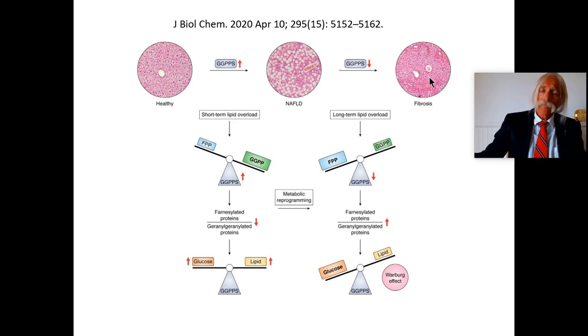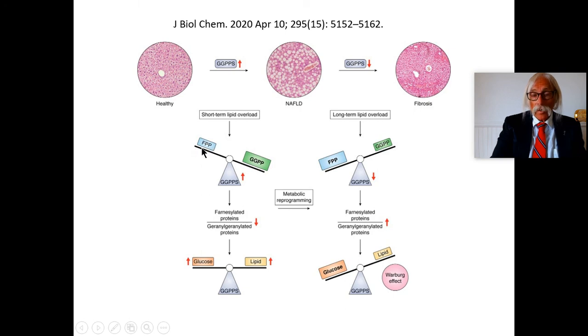Now look what's going on here. As you increase the amount of geranyl pyrophosphate synthase, if you look at a balance, when you increase the amount of that enzyme, you're going to have more geranyl pyrophosphate. More of that prenyl lipid is going to make it so that, if you're looking at this teeter-totter effect, you could also look at it like a rheostat, down and up. You increase the amount of that enzyme, you're going to make more of that lipid from the substrate.